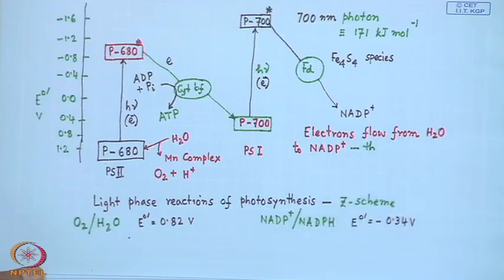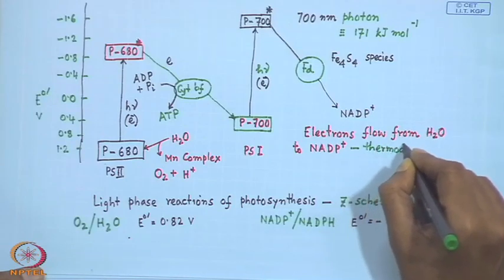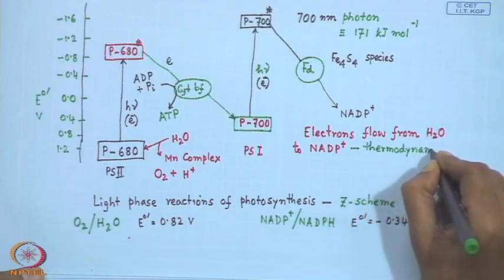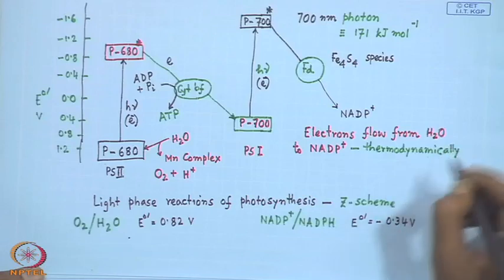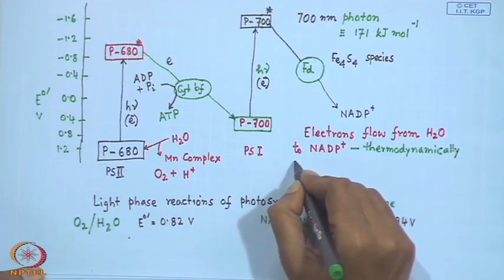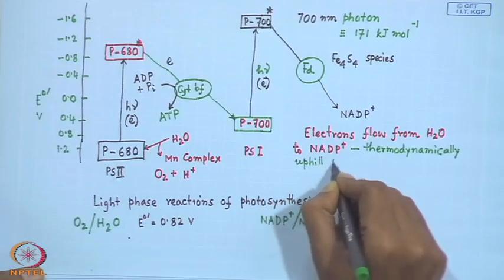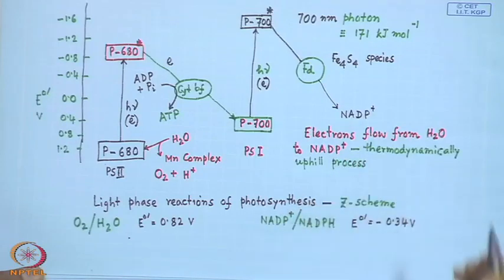So, this thermodynamic uphill conversion is due to this photo excitation.